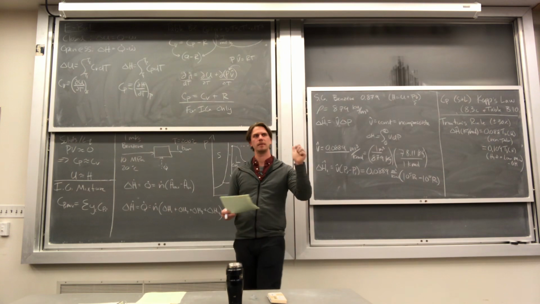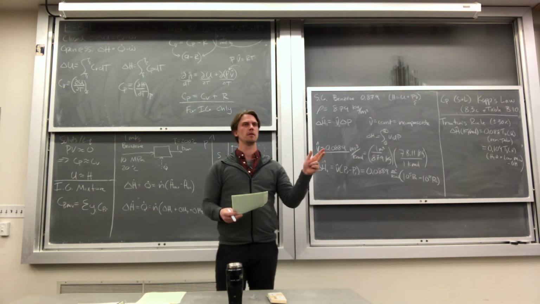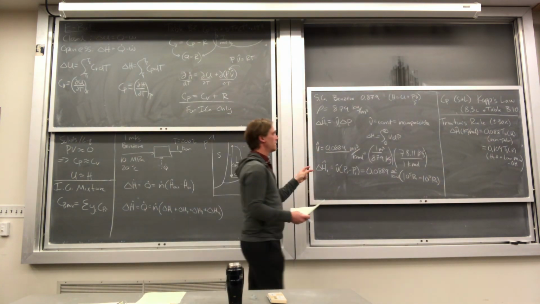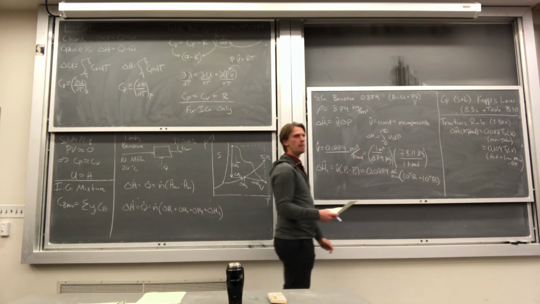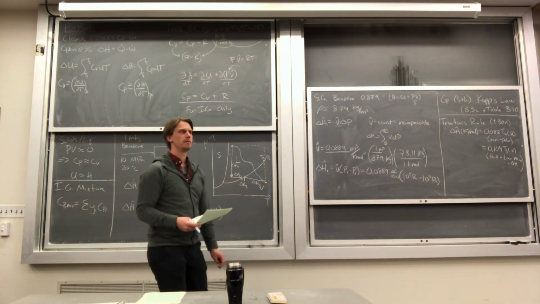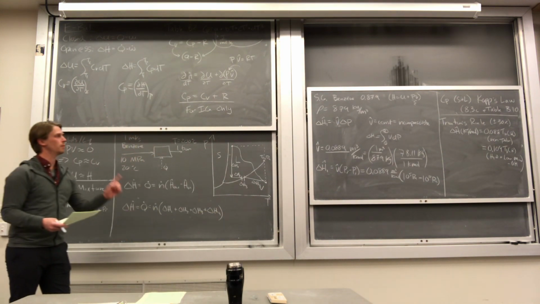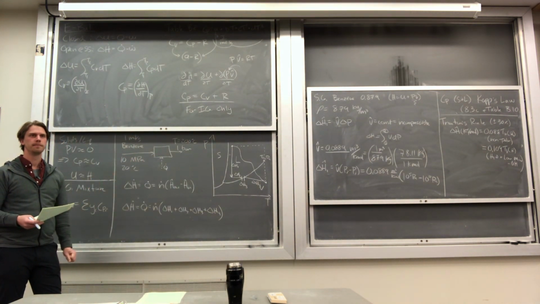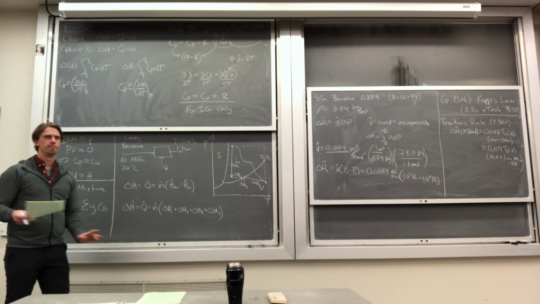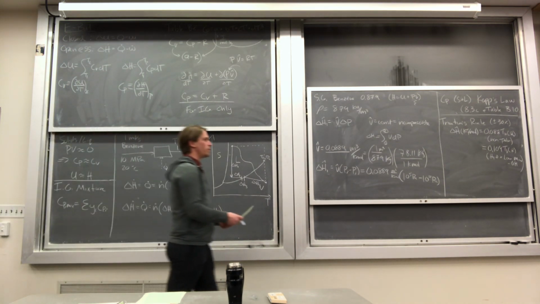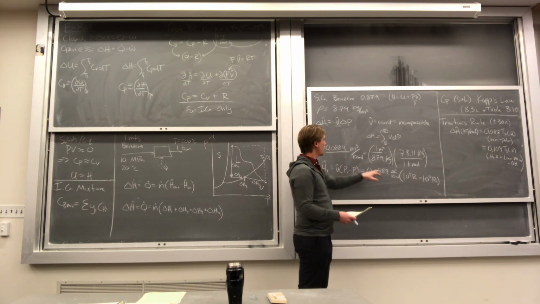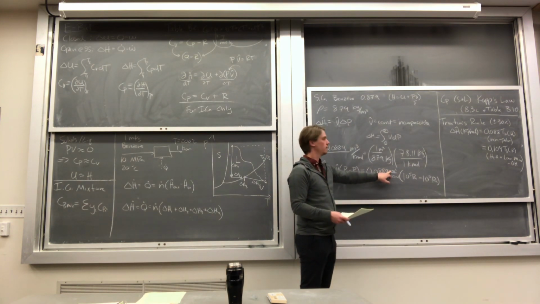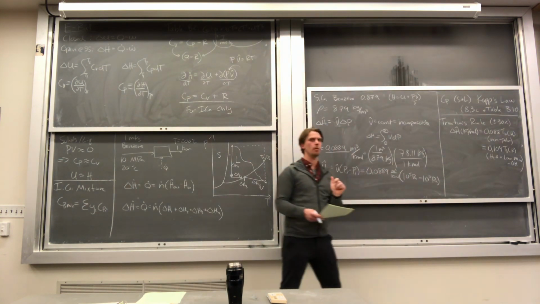1 bar is 10 to the 5 pascals. A megapascal is 1,000,000 pascals. So 10 megapascals would be equal to 10 to the 7 pascals. The reason why I chose kilograms per cubic meter is so I could have cubic meters here. Cubic meter pascal. What is a cubic meter pascal?